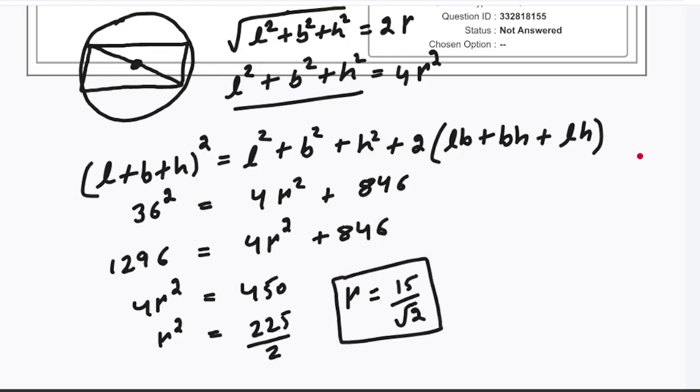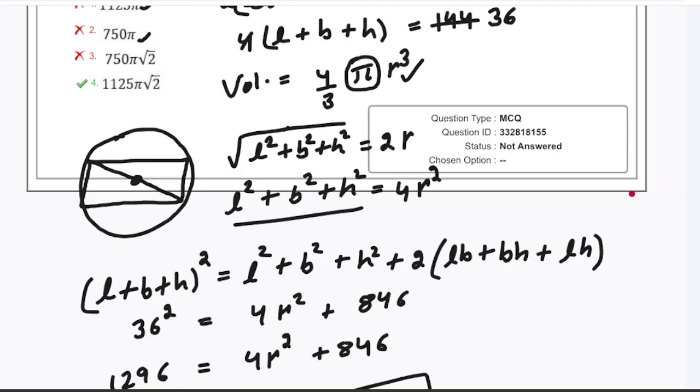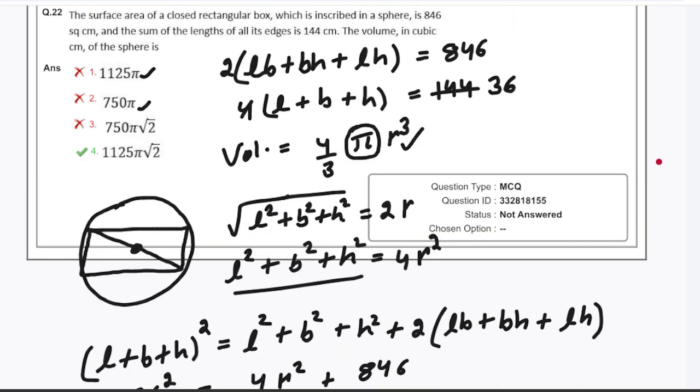Now we have to put this value in the formula of volume. That means this is 4 by 3 into pi into 15 by root 2 cube. We can cut that down also. So let's just make it a square: 15 square is 225 by 2, multiplied by 15 by root 2.